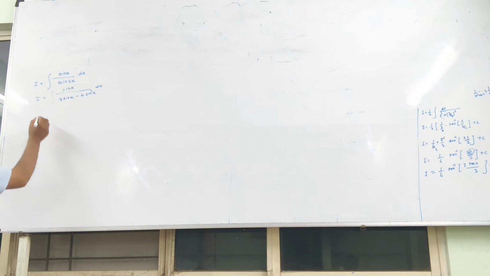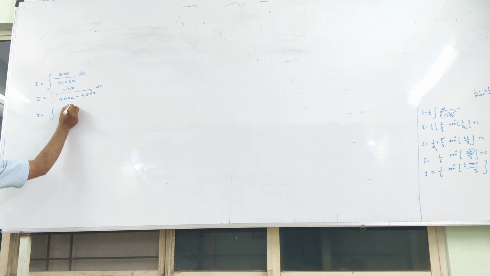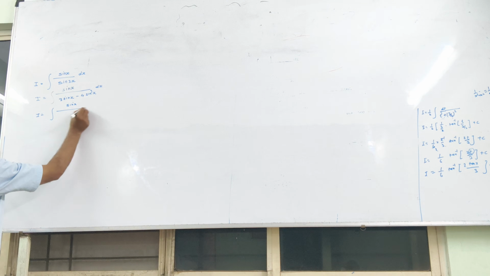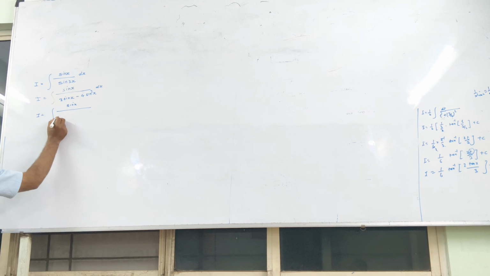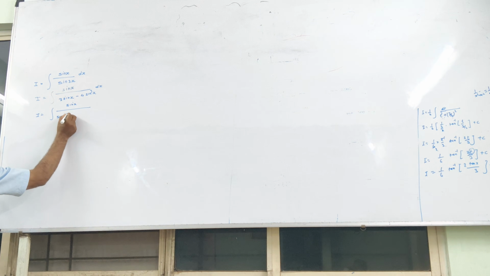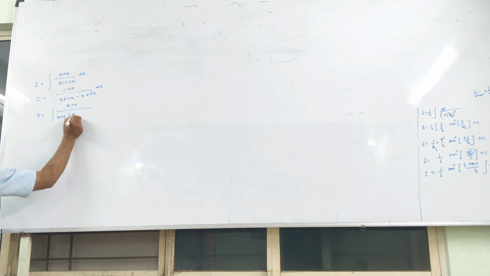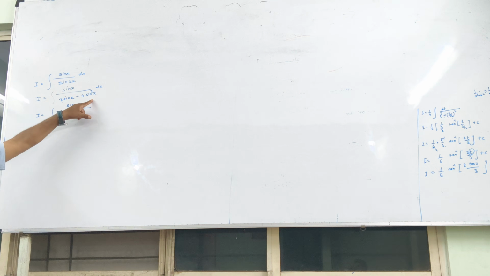So in that case, I equal to integration of sin x upon, taking common sin x, sin x into 3 minus 4. Here it is sin cube, so from sin cube we can take sin x common.